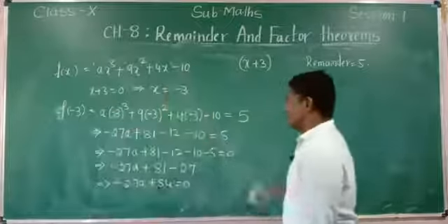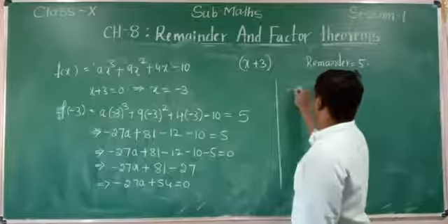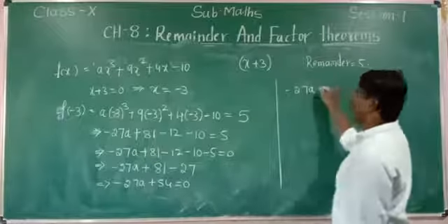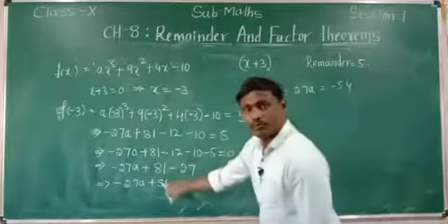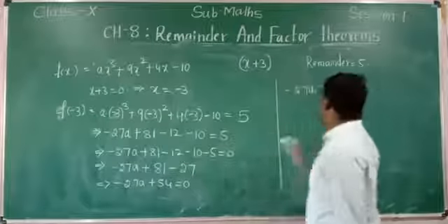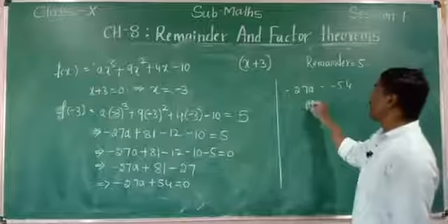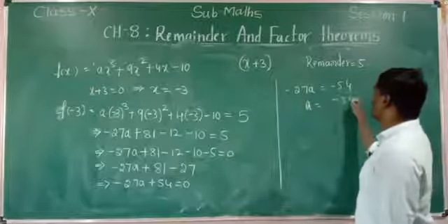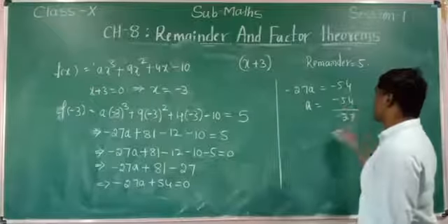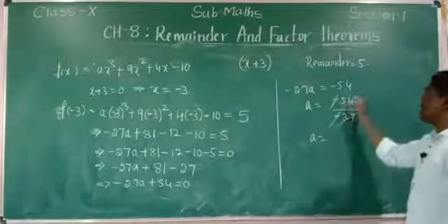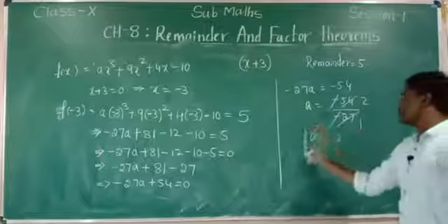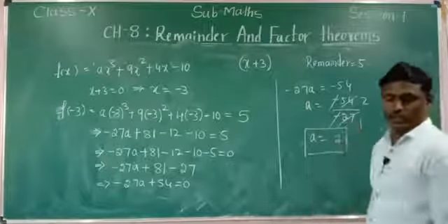Okay, now minus 27a is equal to minus 54. I am taking this plus 54 to the RHS side, it becomes minus 54. Now a is equal to minus 54 divided by minus 27, then minus and minus get cancelled, 27 ones are 27, 27 twos are 54, so a is equal to 2.